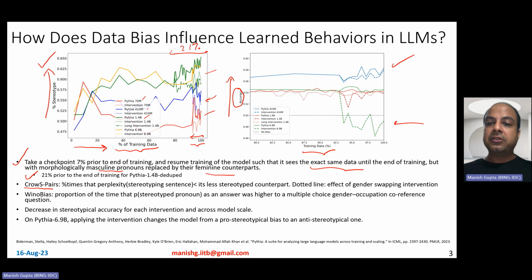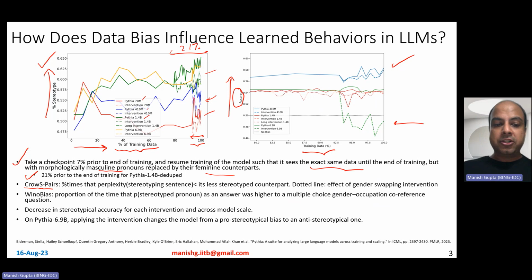Basically, this y-axis represents the proportion of the time that the probability of the stereotype pronoun as an answer was higher compared to the correct replacement. Again, the lower this value, the better it is. The lower the value, the less biased the model is.